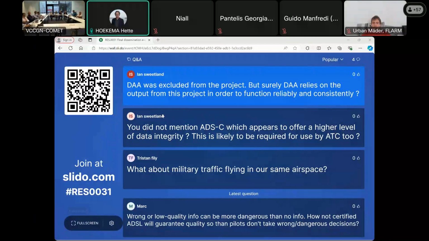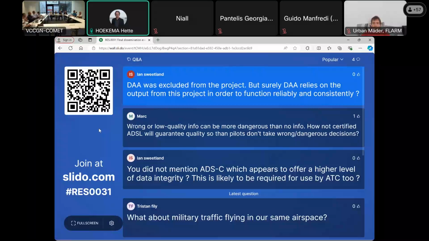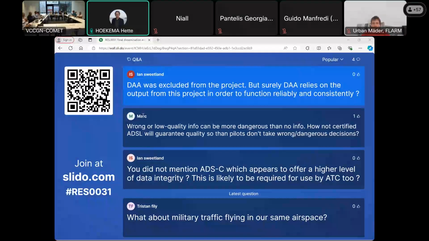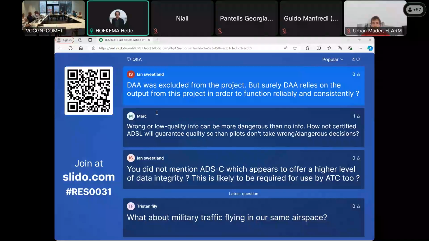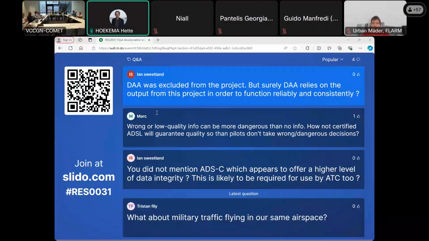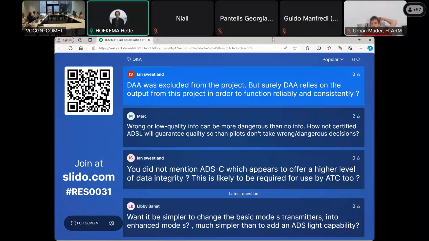That's not to state that in the future, if we really see ADSL being picked up, if we really see that all these devices are clearly visible, that they meet a certain level of performance, even if we don't necessarily have to specify what that level needs to be, we will be pushing the standards to include sensors that will pick up, for example, these signals on SRD 860, simply because it will improve the performance of the detect and avoid system.